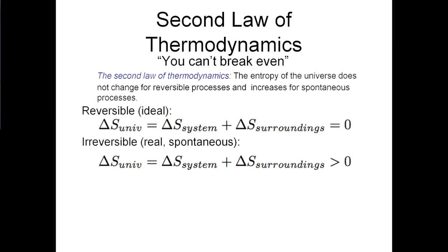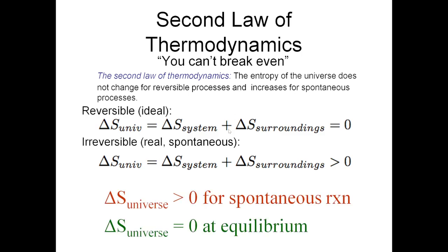Now, there is hypothetically a way for something to not increase the entropy level of itself or the universe, and it would be if the machine, the process, was completely 100% ideal.